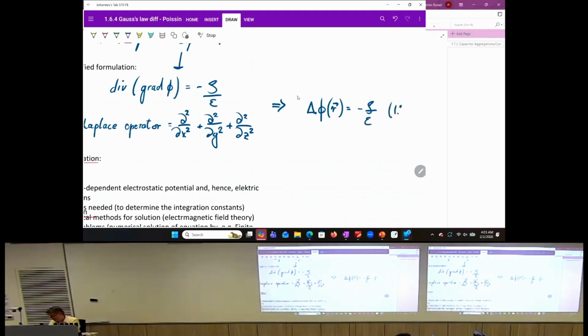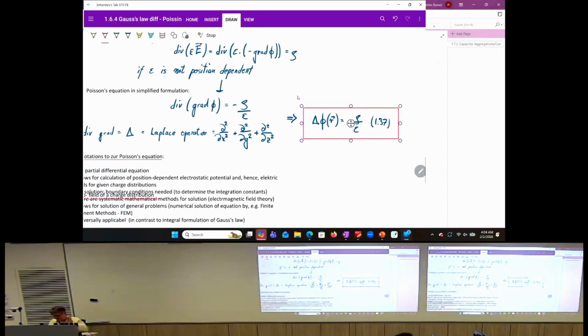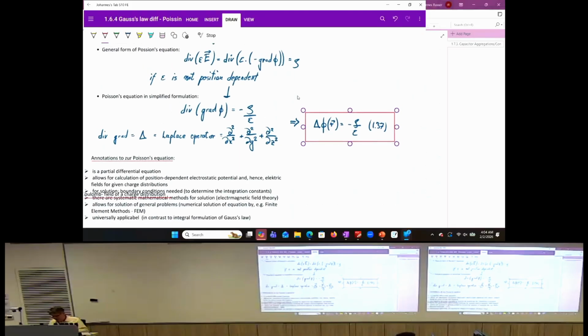That's equation 1.37. So that's the Poisson equation for the case where your epsilon is not position dependent. It gives you a relation between the potential and the charge distribution.